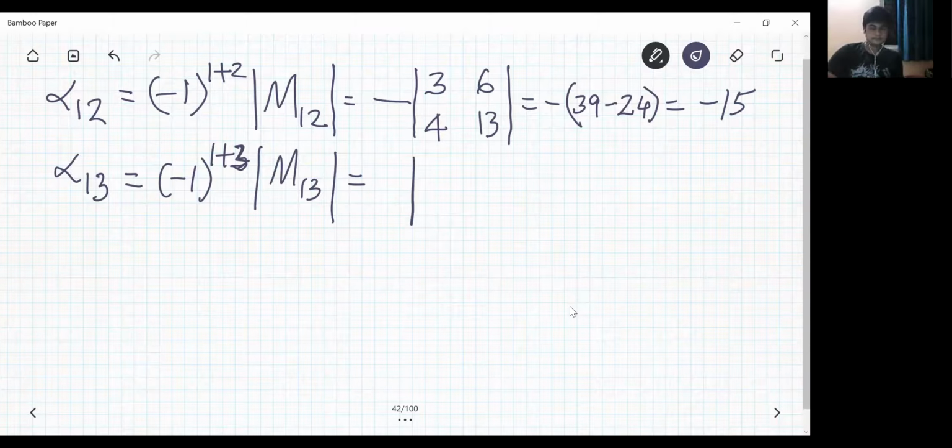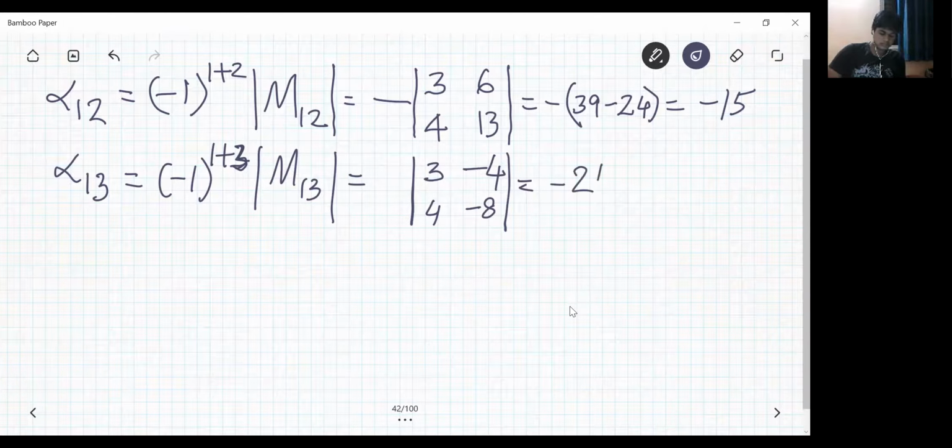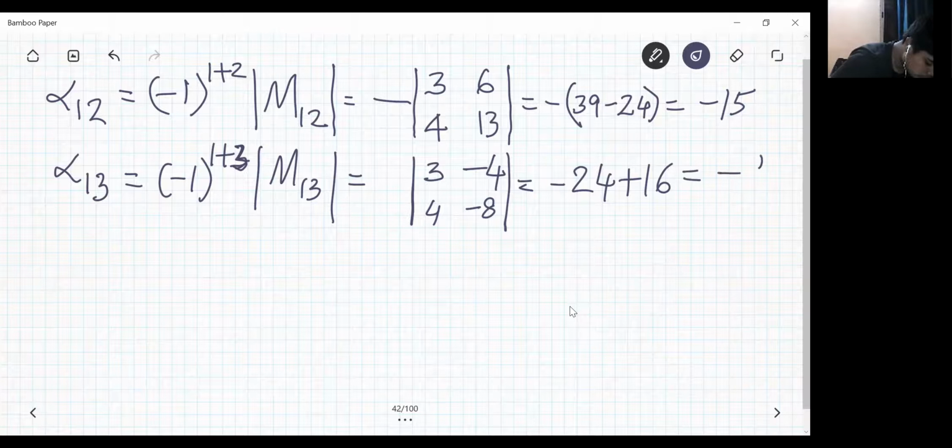Now M13 means leave the first row, third column element, write the remaining, which is 3, minus 4, 4, minus 8. So this will give minus 24 plus 16, because the formula has a minus and this will give a minus 16. So it becomes plus 16. So this becomes minus 8.